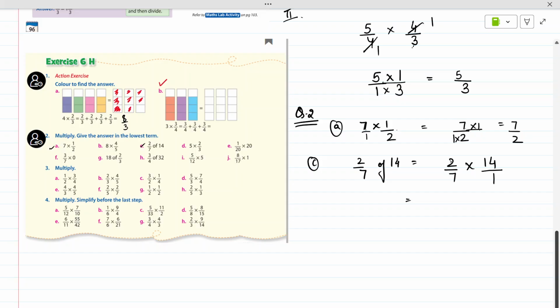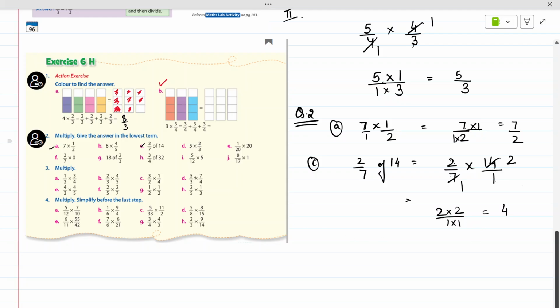Now just see, 2 by 7 cannot be reduced further, 14 by 1 cannot be reduced further. But what we will do is look across. 2 and 1 cannot be reduced further, but 7 and 14 are multiples of 7. So 7 into 1, 7 into 2. In the numerator we have 2 multiplied with 2, and in the denominator we have 1 into 1. So this will give us 4 as the answer.